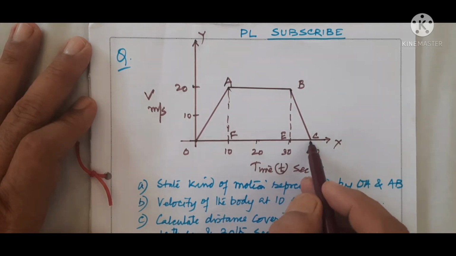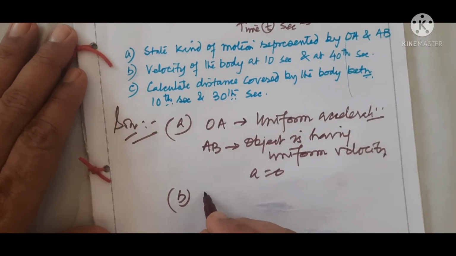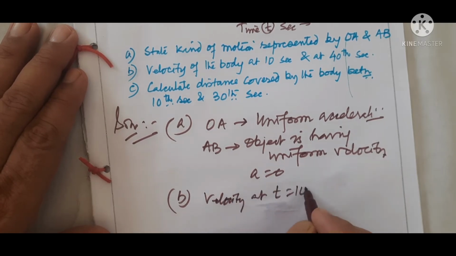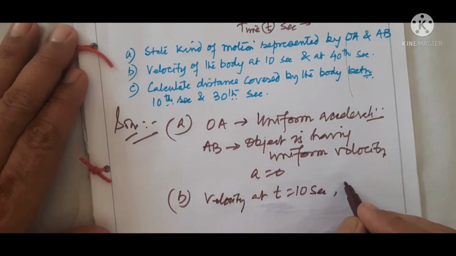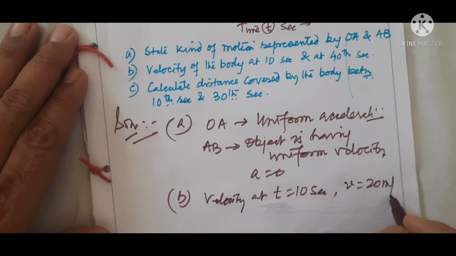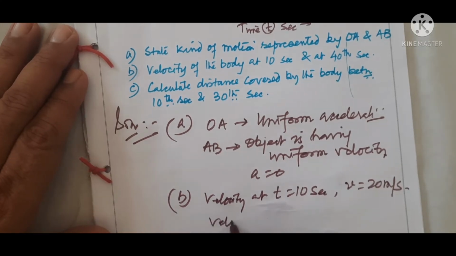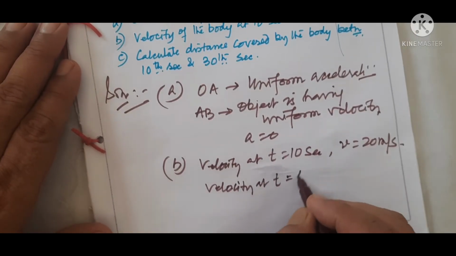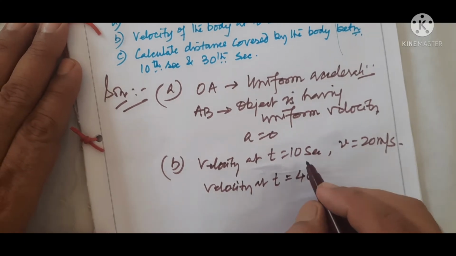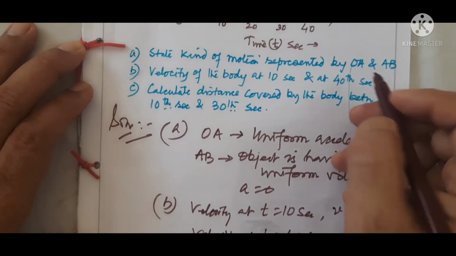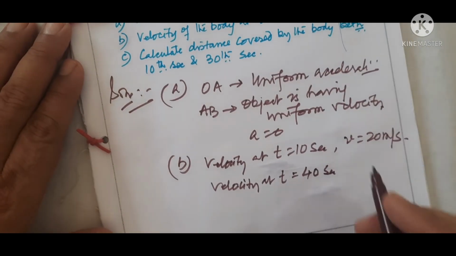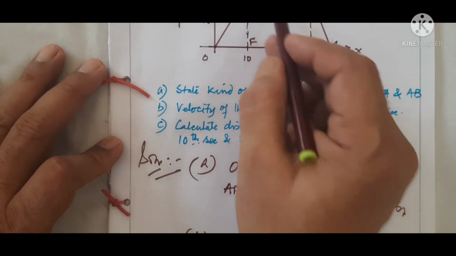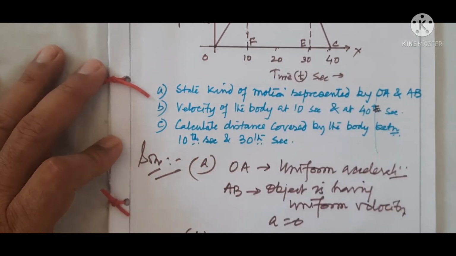So here we can directly write: velocity at t is equal to 10 second is v is equal to 20 meter per second, and velocity at t is equal to 40 second is equal to 0. At 40 seconds, in this graph, the velocity is 0, that's why 0.